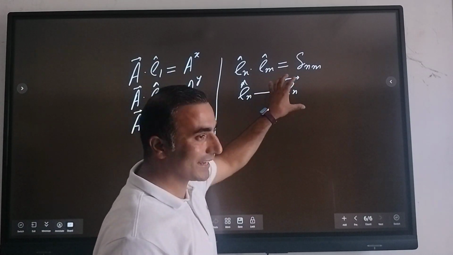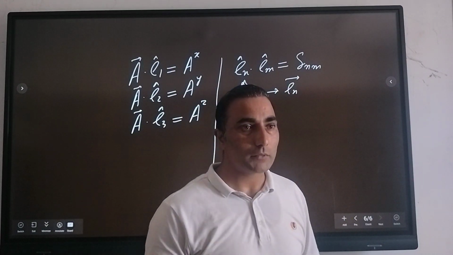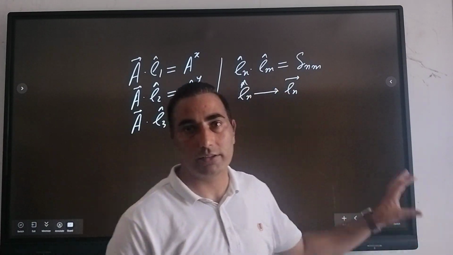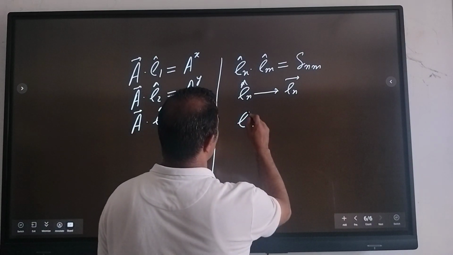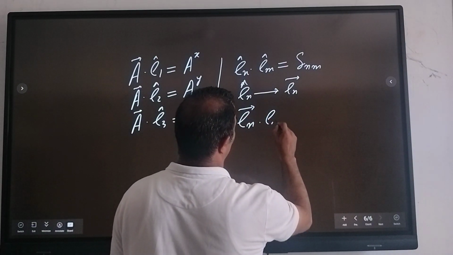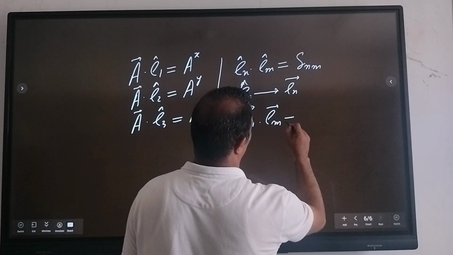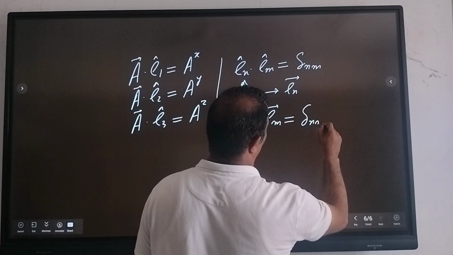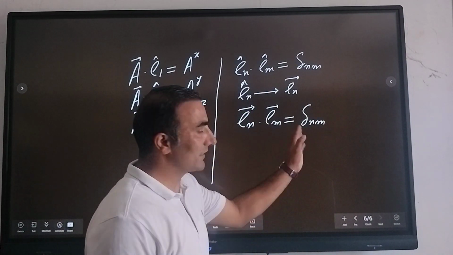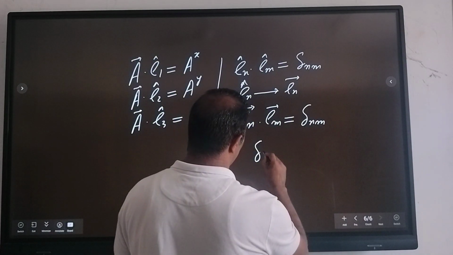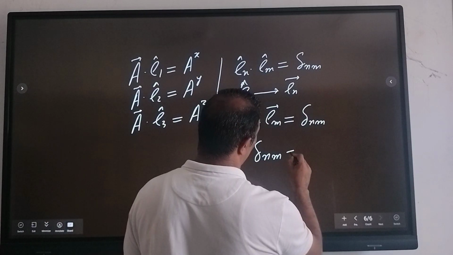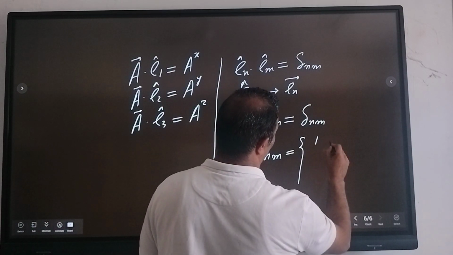So I can have this orthonormality condition for these basis vectors also, right? So I can write them for En. This is again our Kronecker delta, delta nm, equal to 1 when n equals m.